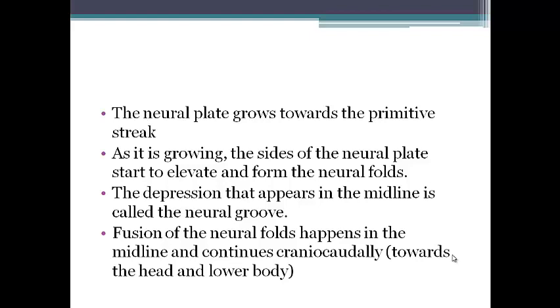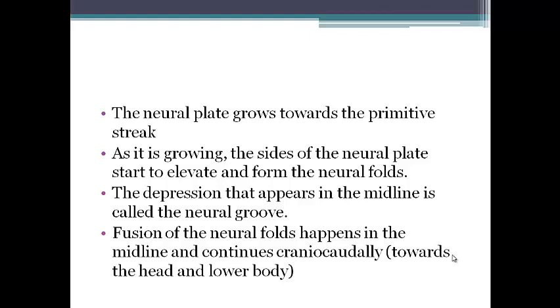Initially it was a flat structure, and as it increased in size, the lateral parts of the neural plate started to elevate. These form structures called the neural folds. And with the appearance of the neural folds, we also have a midline depression called the neural groove.